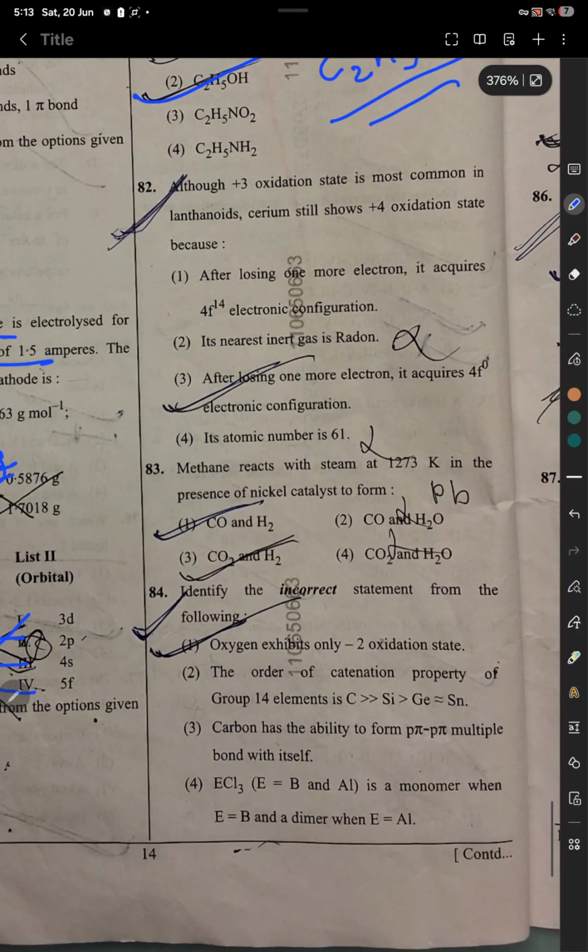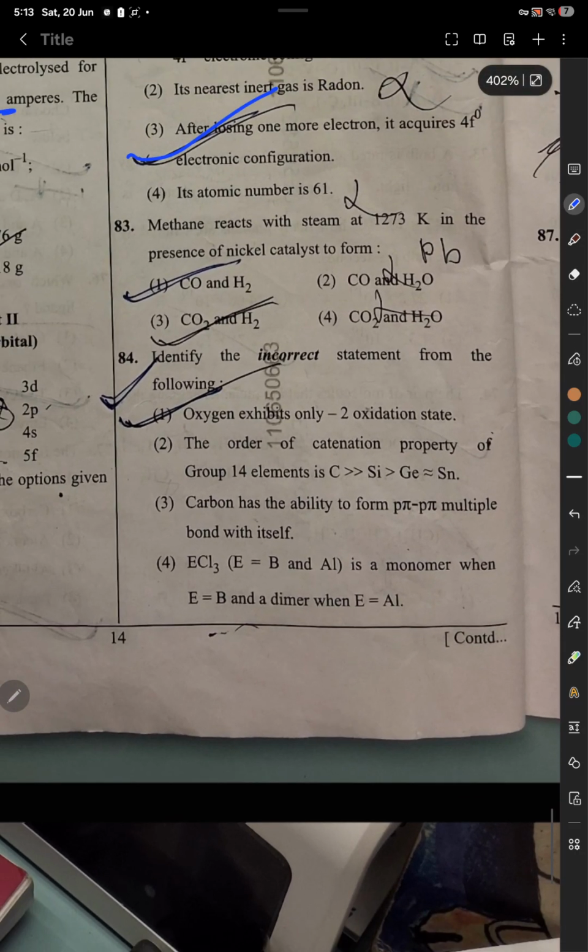Although +3 oxidation state is most common in lanthanoids, cerium still shows +4 oxidation state because after losing one more electron it acquires 4f0 electronic configuration. Option number 3 is correct. Question number 83. Methane reacts with steam at this Kelvin in the presence of nickel catalyst to form CO and H2, which is your correct answer.